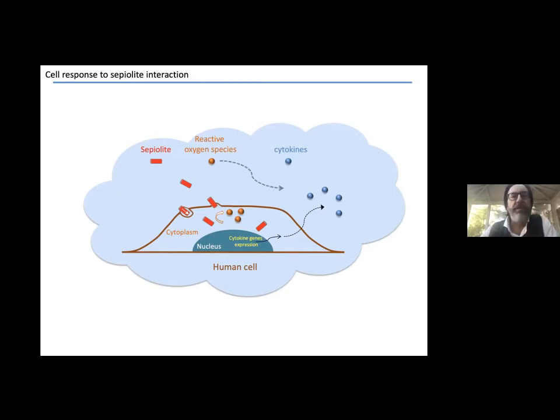Reactive oxygen species are also able to make the cells produce cytokines. And this should stimulate the innate immunity.